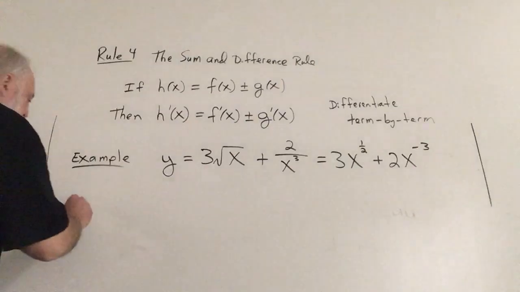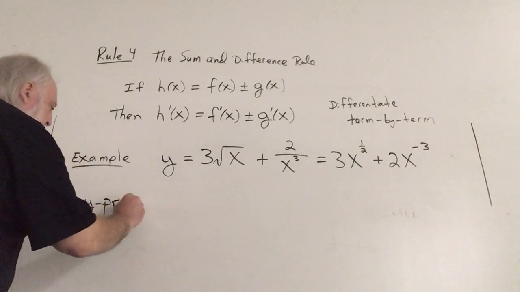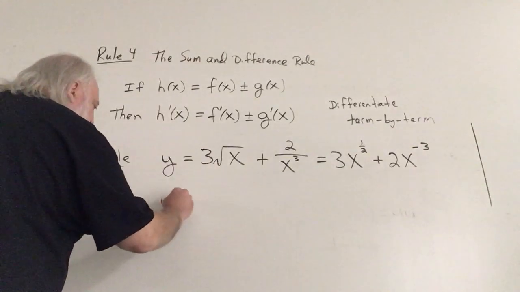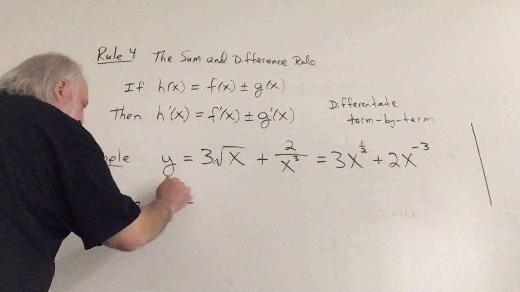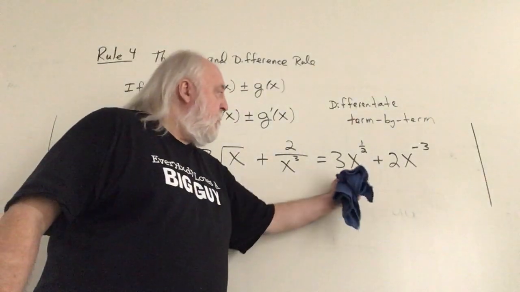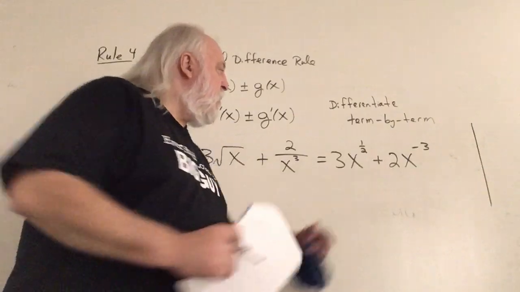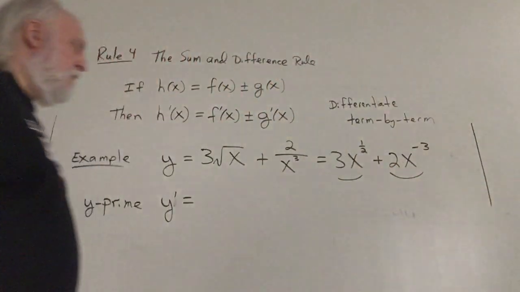So the derivative of y, which we denote with y prime, we can differentiate term by term, right? We have 2 terms in our function. 3x to the 1/2 is one term, and 2 times x to the minus 3 is the second term.